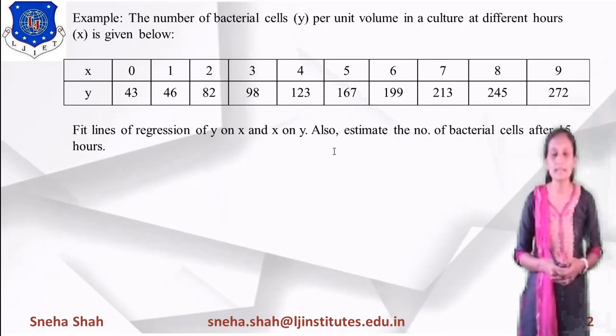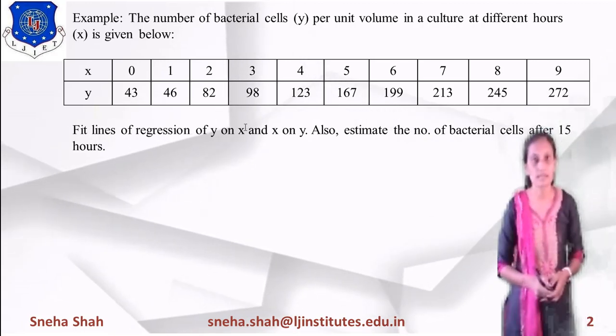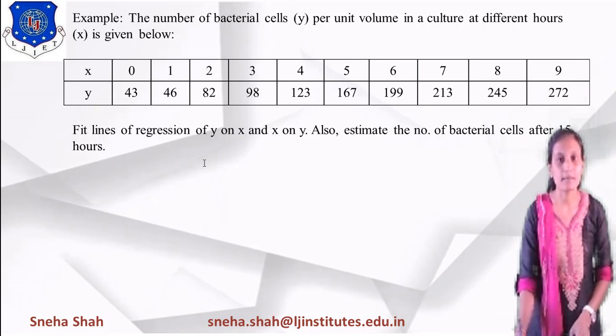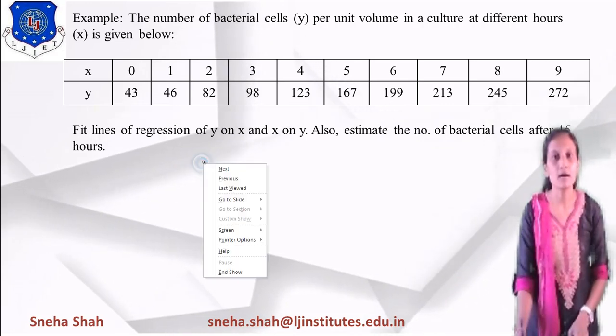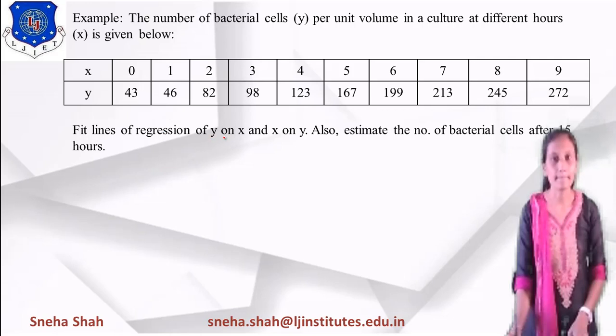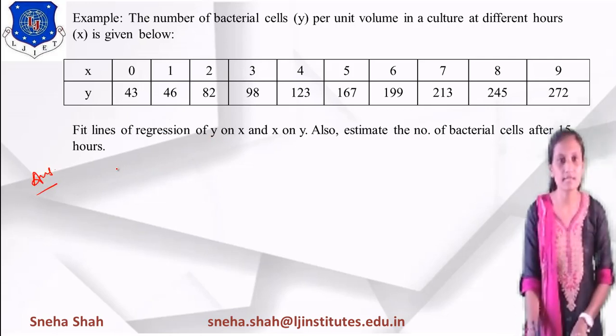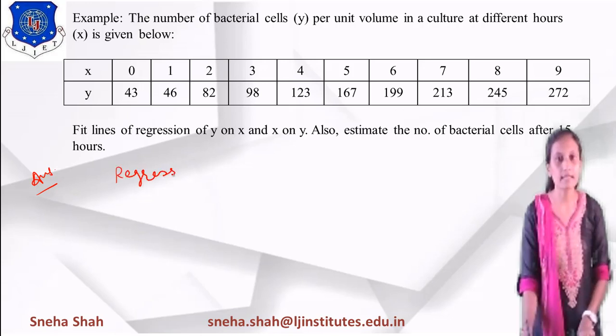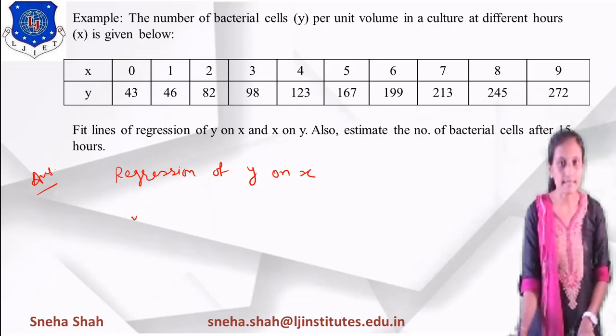Suppose you want to solve this example, how do you solve it? First of all, what is the equation of regression of Y on X? The equation is Y minus Y bar equals b_YX times (X minus X bar).